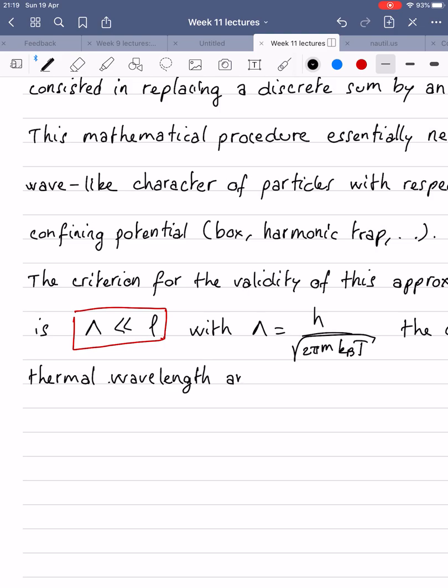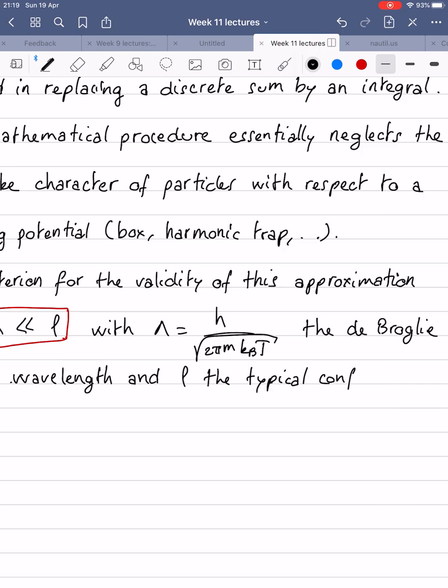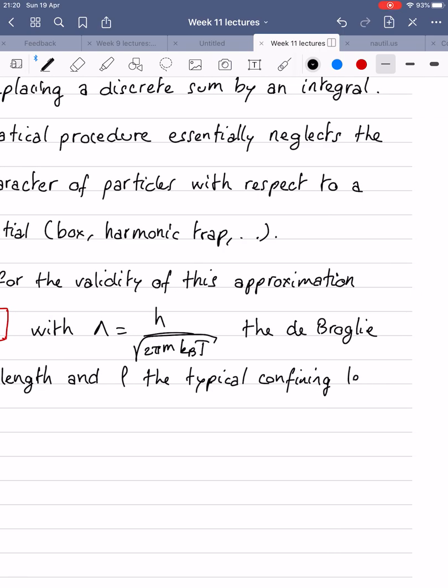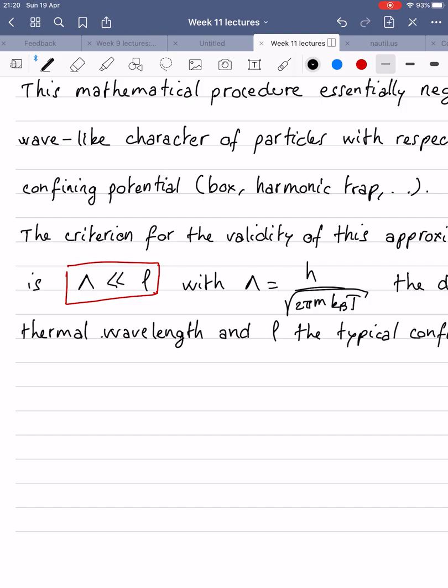And L here is the typical confining length. So this is a semi-classical regime.